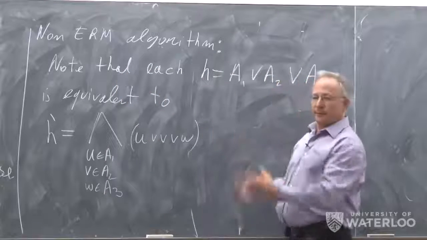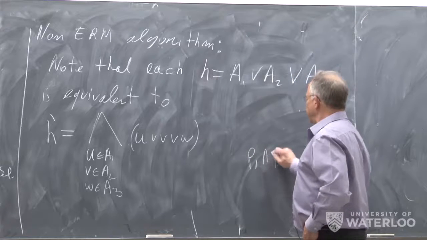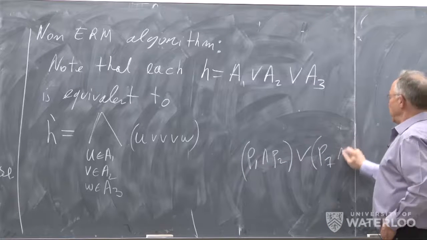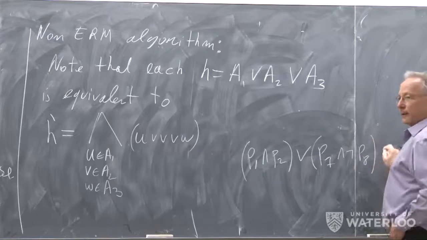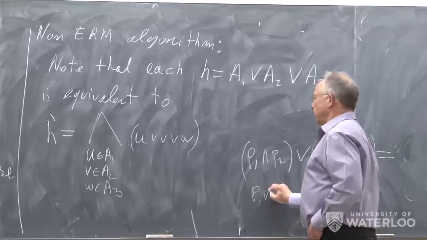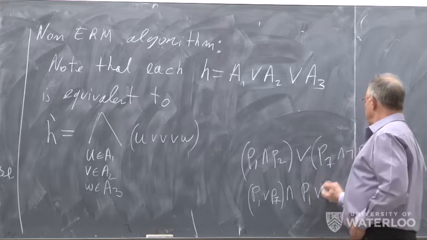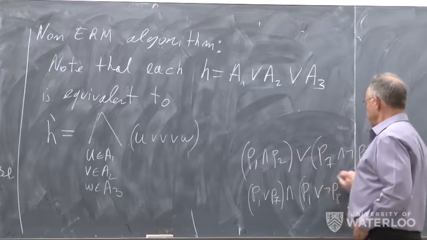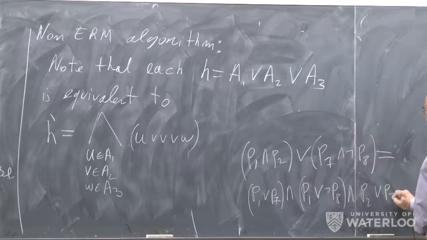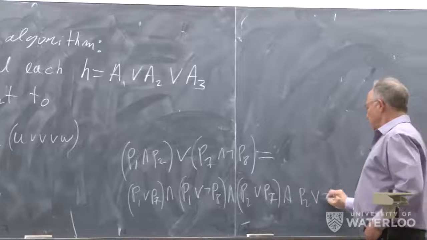I can just open the parentheses, right? If I have P1 and P2 or P7 and not P8, I can write it by opening the parentheses: P1 or P7, and P1 or not P8, and P2 or P7, and P2 or not P8.